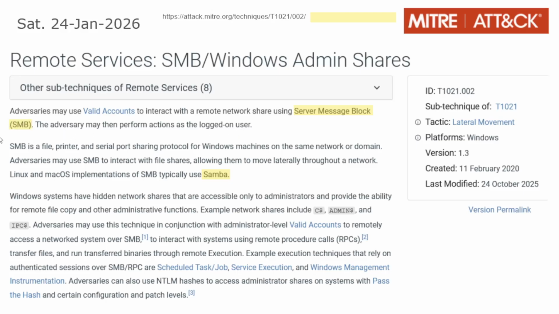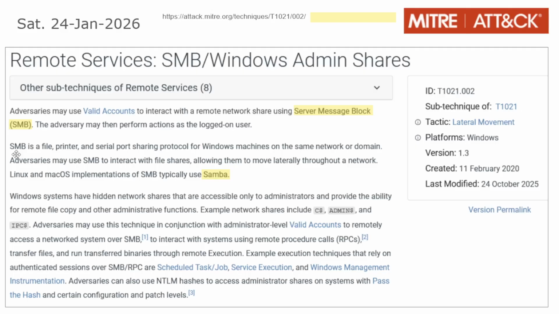Then what is SMB? Server Message Block is a file, printer and serial port sharing protocol for Windows machines on the same network or domain. You can exchange files, amongst other things. Adversaries may use SMB to interact with file shares, allowing them to move laterally throughout a network.